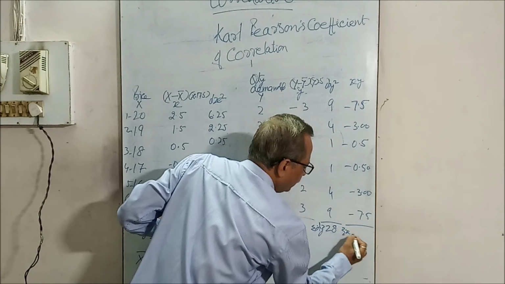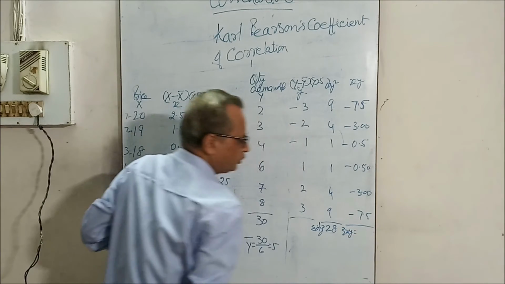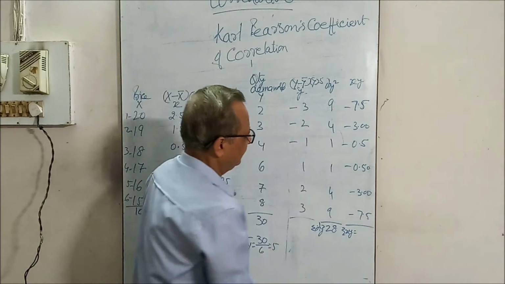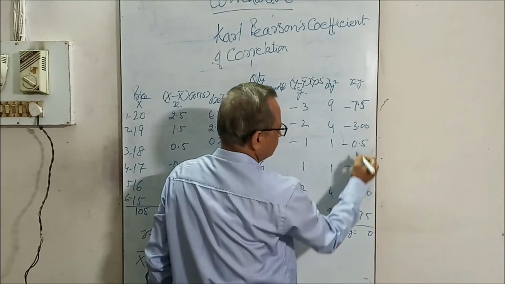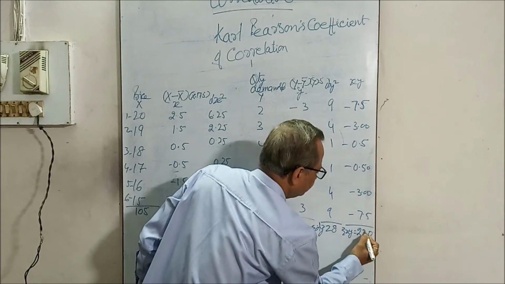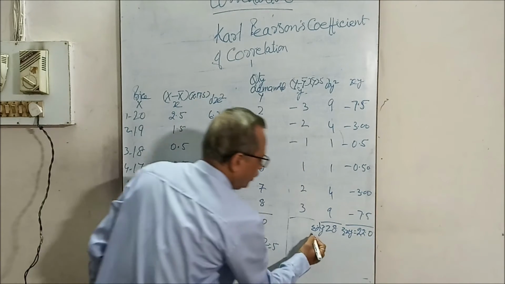Now the total of the product of x and y is 22.